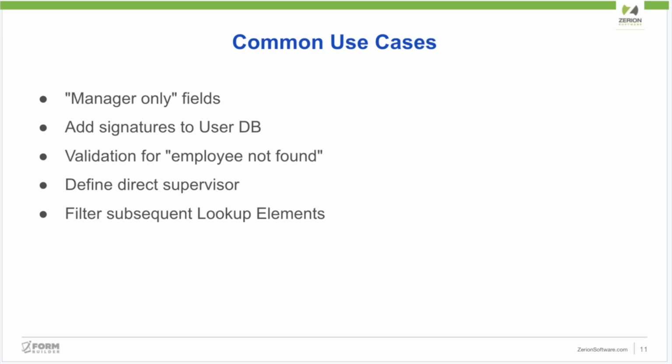And within that form, there are additional fields that only the manager is supposed to be able to view. For groups who have implemented this in a very basic way, they'll hard code the username and the condition value, if the user is so-and-so. But that's not a very maintainable solution. Implementing this will allow you to have your users set up in a separate data table. You can choose who the managers are, and those fields will only show for those users. So if the user has that role, then those fields will be shown.